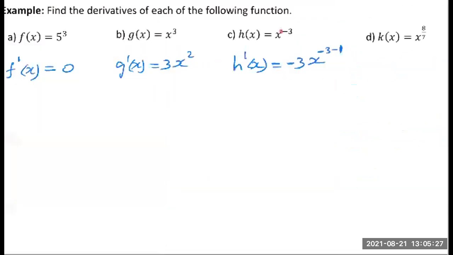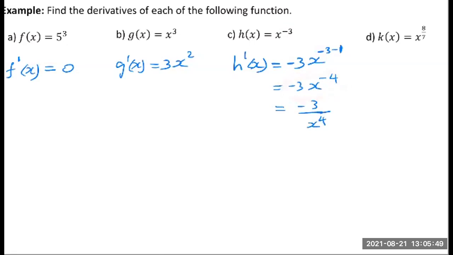So this is your k, you pull the k to the front, k times x to the power k minus 1. What would that give you? That is equal to minus 3 times x to the power minus 4. If you don't like to keep the negative exponents, you may write this as 3 over x to the power 4. Either way is fine. This answer is also acceptable.